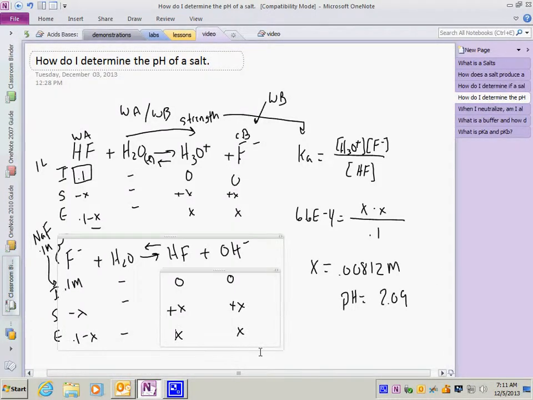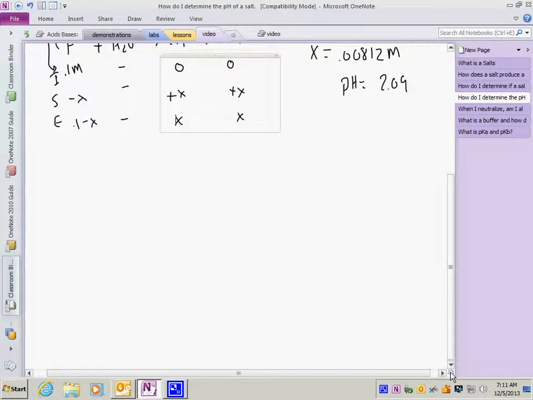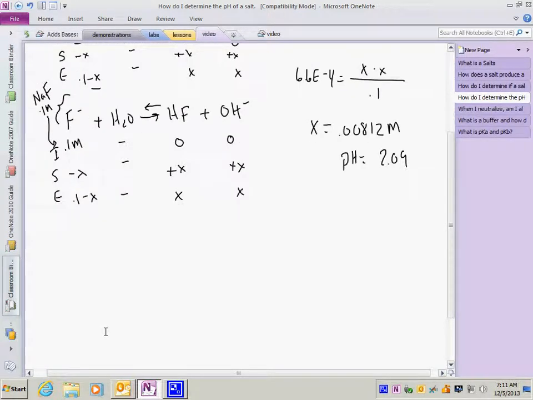Now, for this particular problem, we have this situation where what is the K for this reaction? Well, both reactions can't go 100% to product. They battle back and forth between each other.